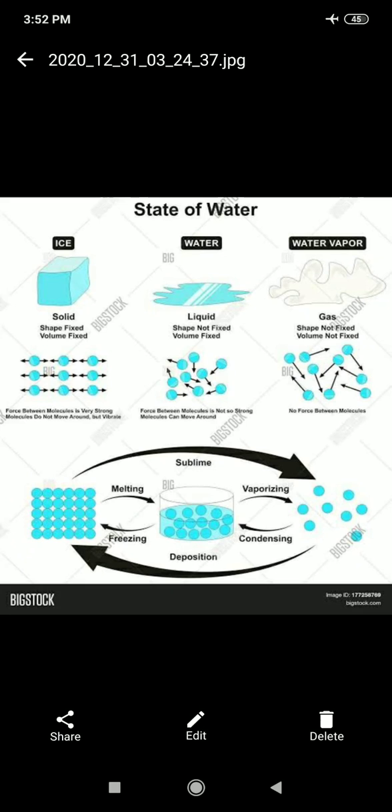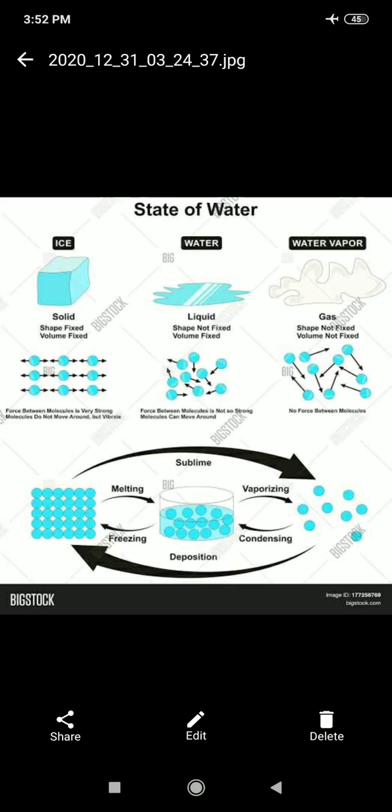Have you heard about naphthalene balls? They are white balls which we keep in the cupboard between the clothes to keep away insects. Odonil also, we keep the Odonil pack. What do they do?